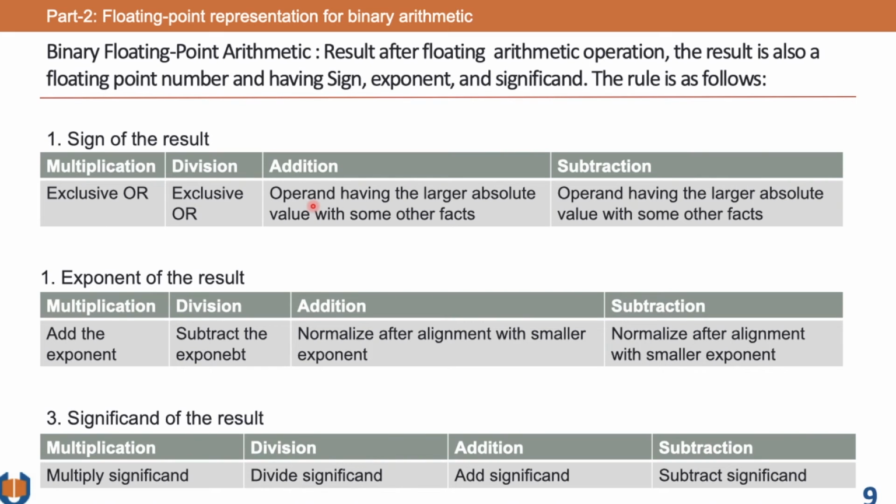For example, with 5 minus 2, 5 is the largest and its sign is positive, so the result will be positive.